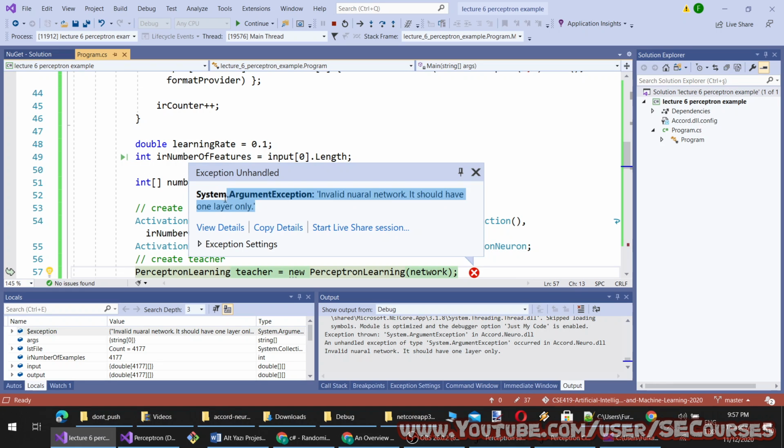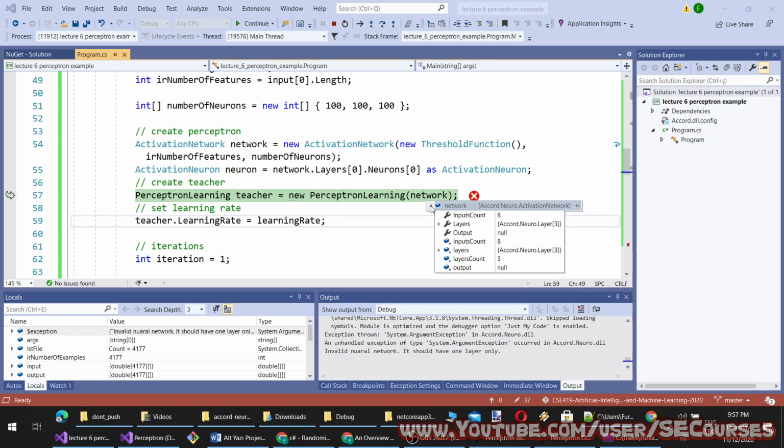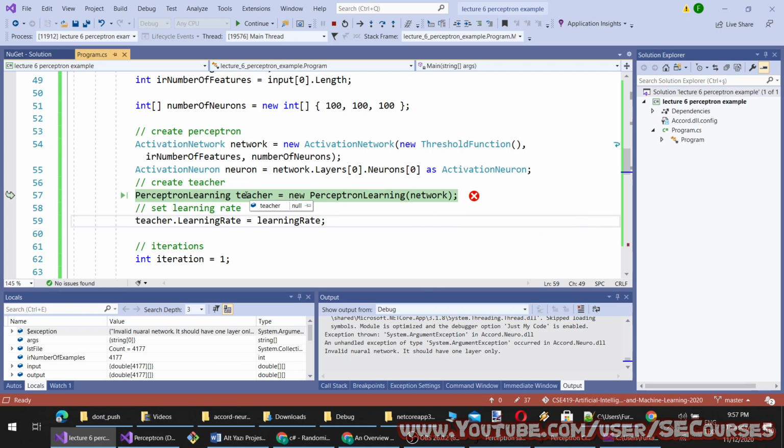It should have one layer only. Oh, why is that? This is weird. Why? Maybe like this. What? I shouldn't do it this way. Threshold function.